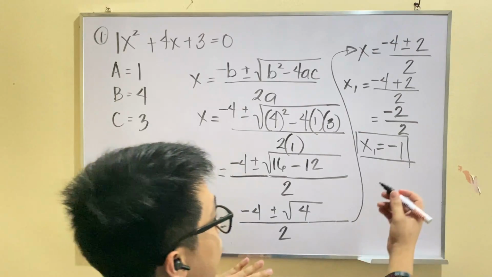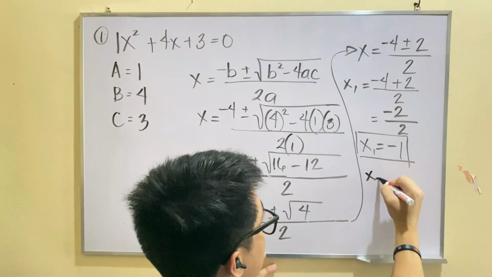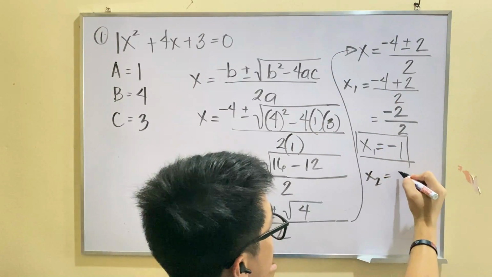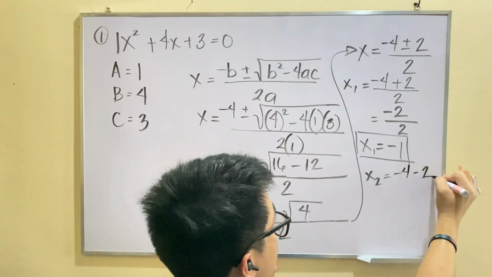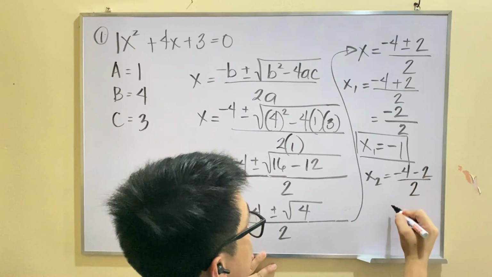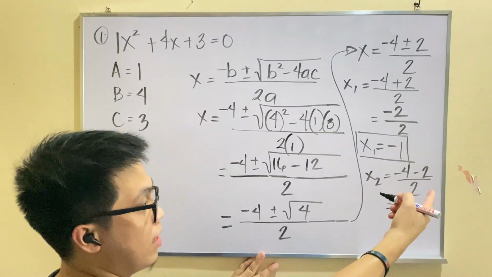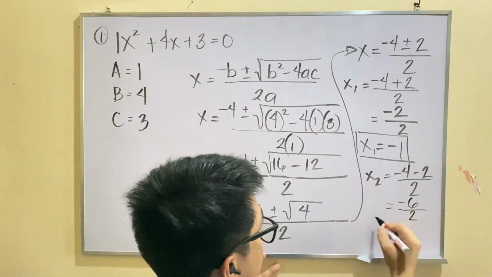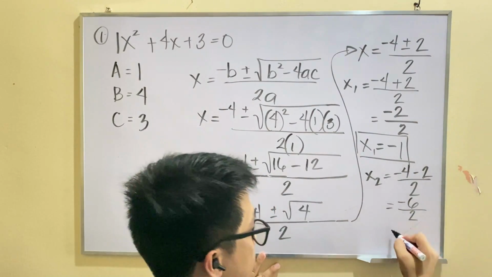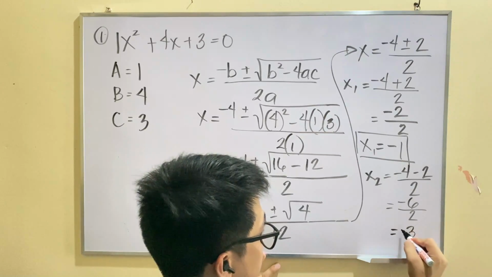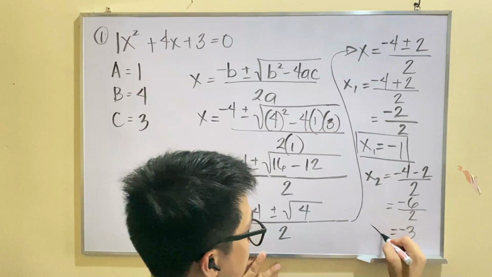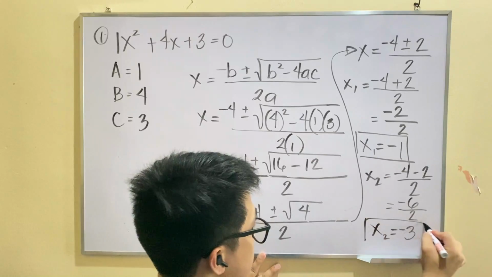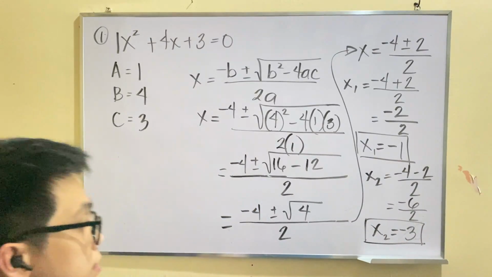Next one, so x sub 2 naman tayo. Ano ang value ng x kapag minus 2? So, negative 4 minus 2 divided by 2. Negative 4 minus 2 is negative 6 divided by 2. So, negative 6 divided by 2 is 3. Negative 3. X sub 2, therefore, is negative 3.